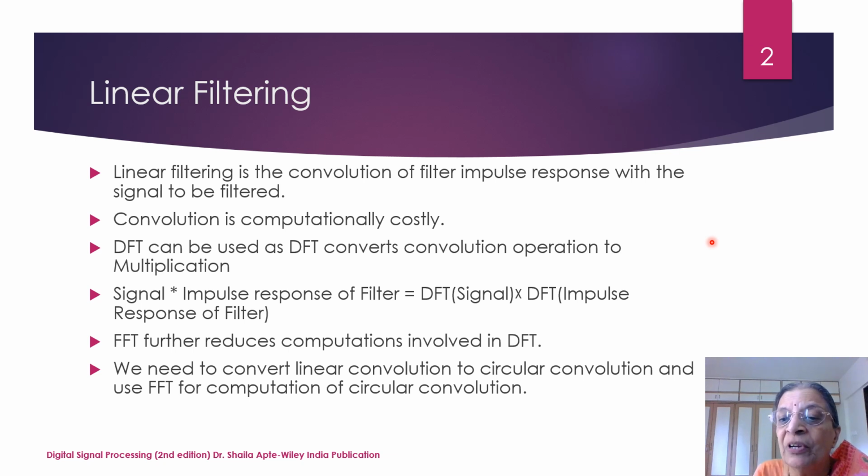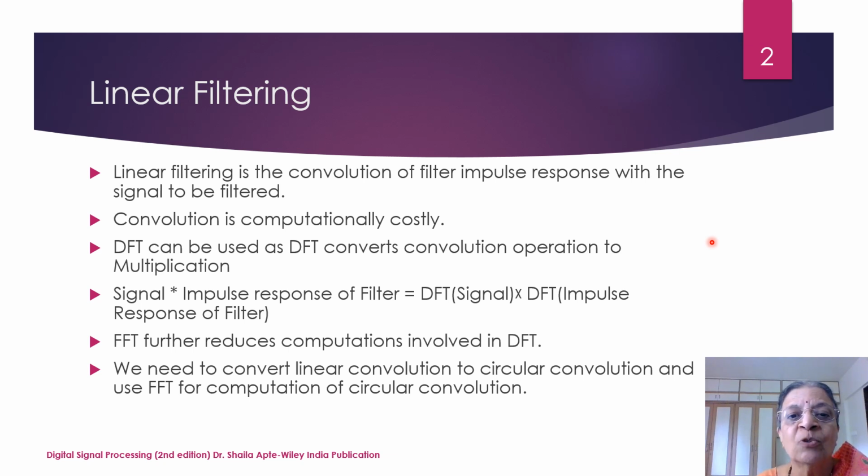So what we do is we take a few samples and go on processing the set of samples one after the other. Now in this case, linear filtering is basically a convolution of the impulse response of the filter with the signal that we want to filter. Let us say some talk.